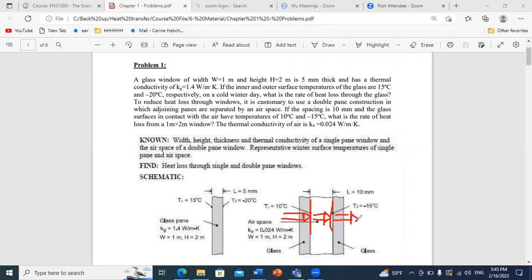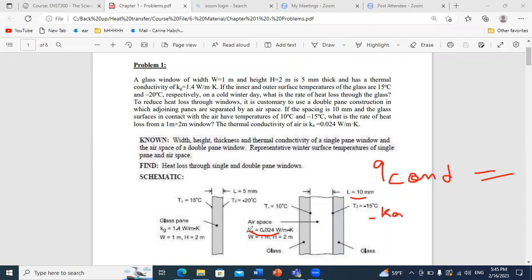So to find the conduction rate, we can just compute the heat loss rate through this layer of air. Since we know the conductivity of air and the thickness of the space, we just have to say that Q conduction through the air layer is equal to minus conductivity of air.